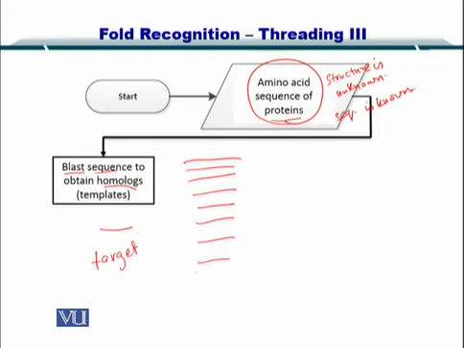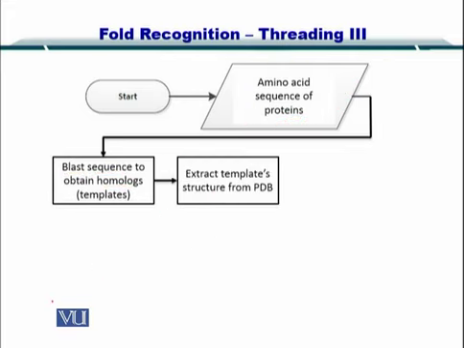So this is your target sequence and these are your templates. You compare it using BLAST with all of these sequences and you find those sequences which are nicely matching to your target. Next, you extract the template structures from the PDB.